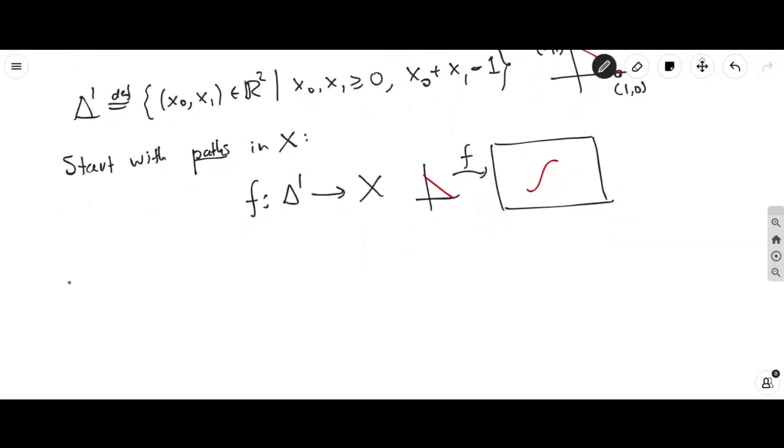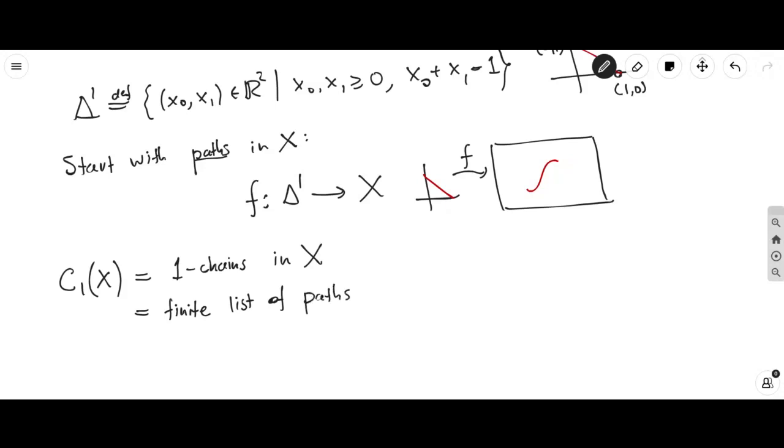And then after that, we define chains. So we define C1 of X. We call these one chains in X. So what is this? This is just a list, right? This is just a finite list of paths.